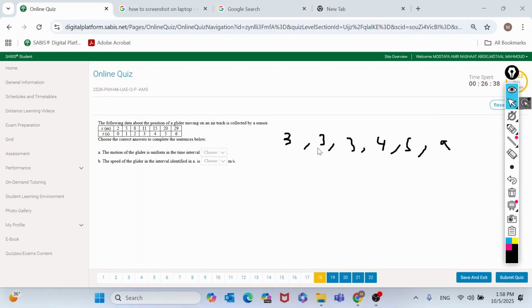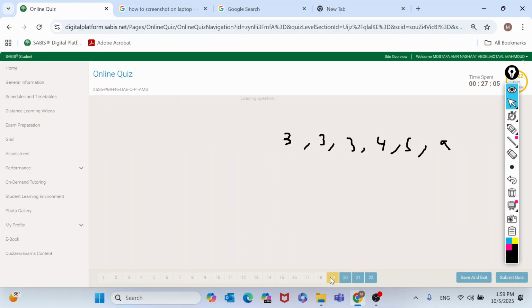From 0 to 3. The speed of the glider is 3 meters per second in the interval 0 to 3 seconds. So 3, because they want it in the interval, which is the first 3 where it's constant.